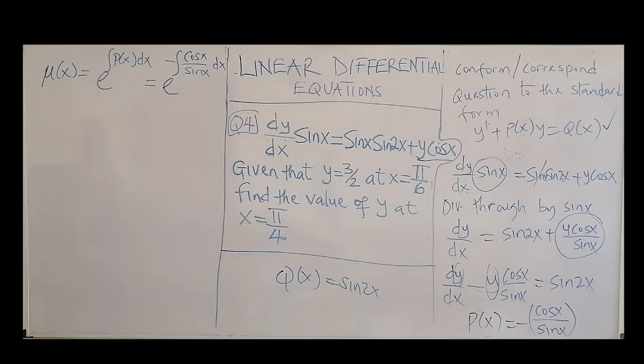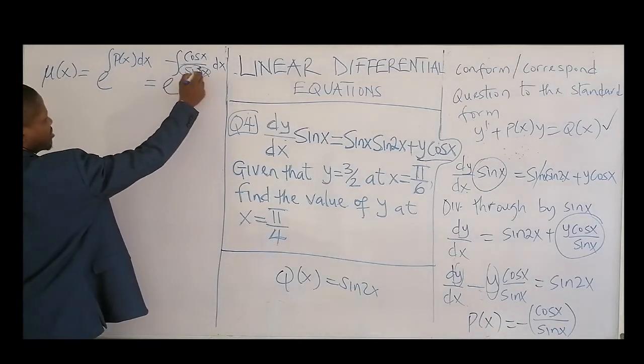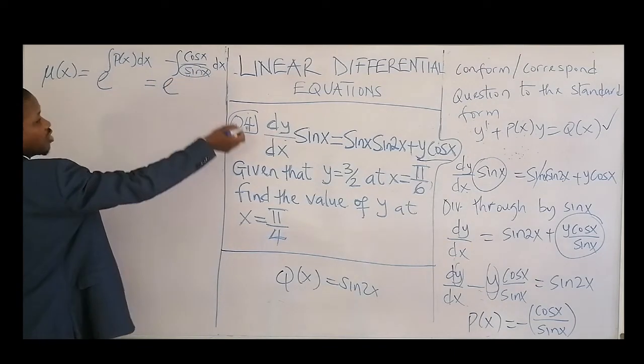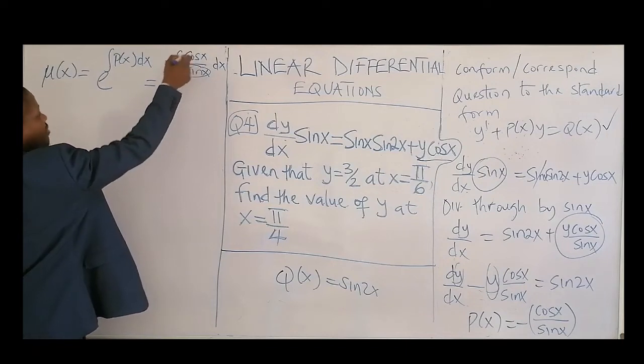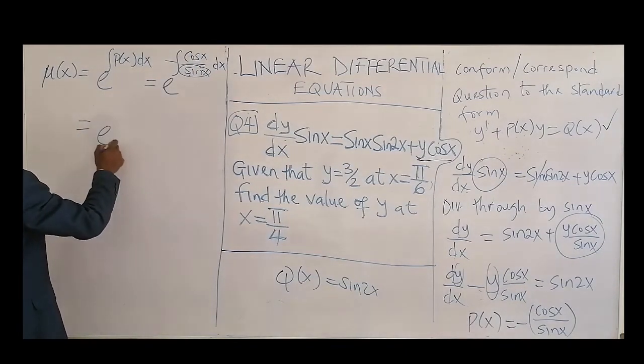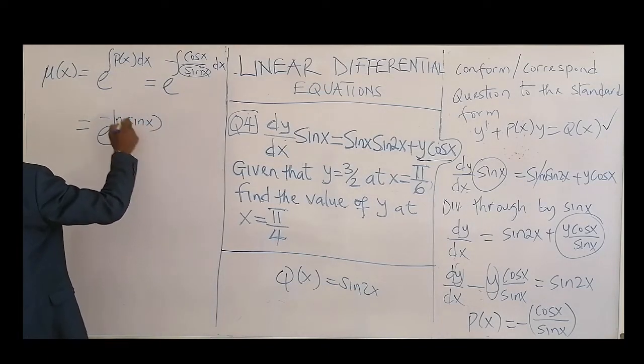Next thing to do now, check. The derivative of sin is cos, which is the same as the numerator. So in that case, it's going to be equal to exponential minus ln sin x.